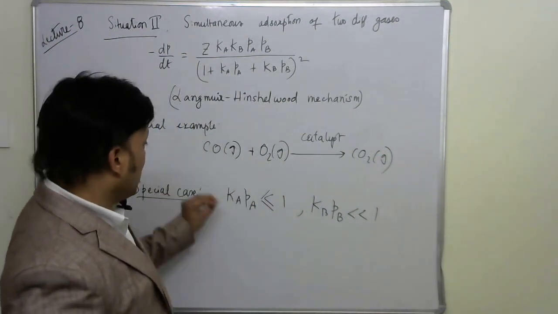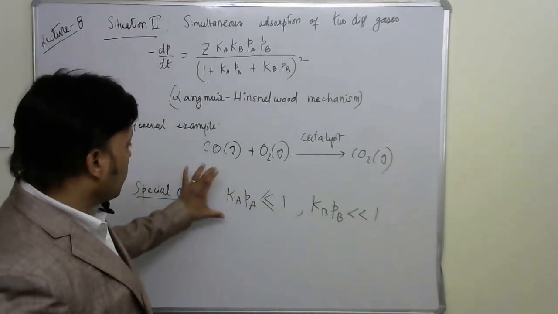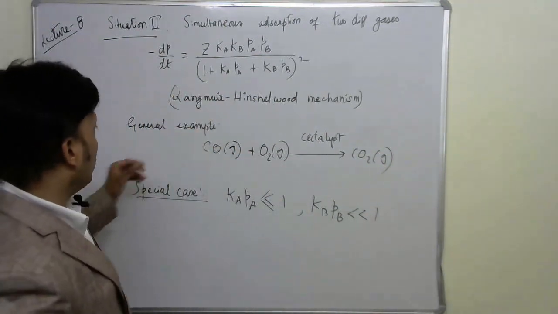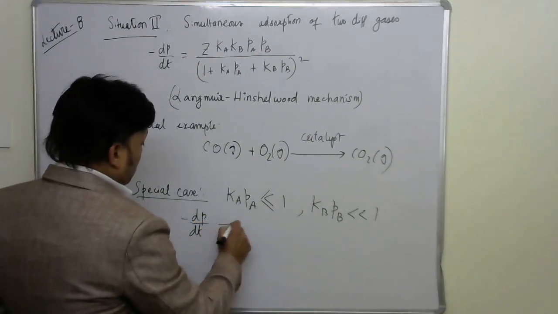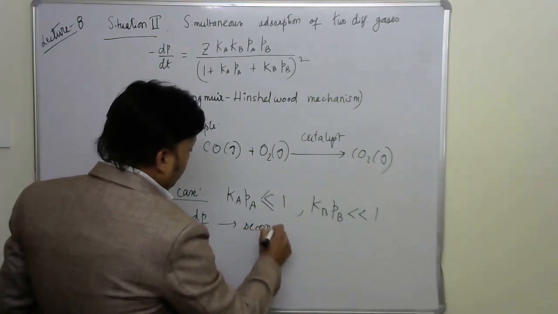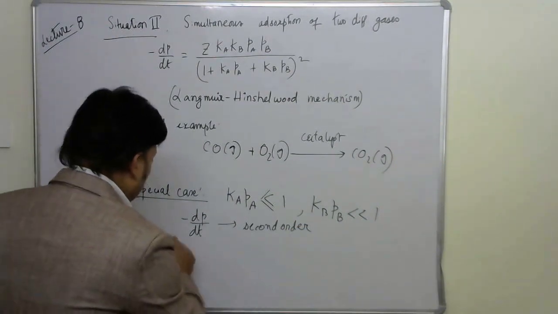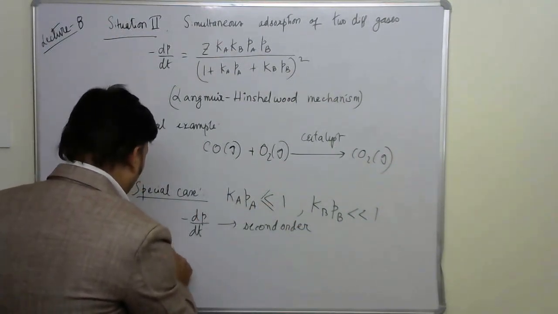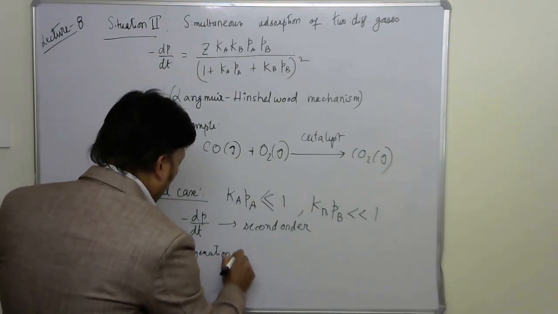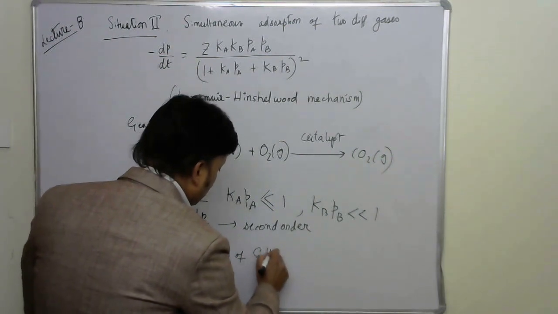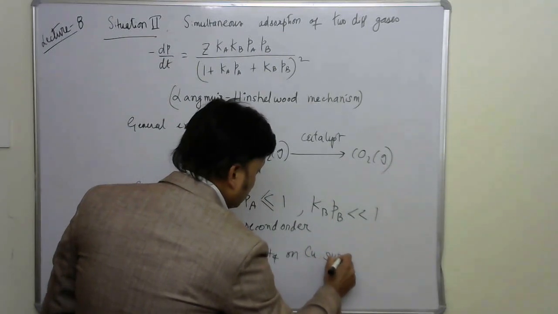That means it is possible at extremely low pressure of PA and PB, both these two terms become negligible with respect to 1, then the rate law, minus dp dt, will become second order, it will follow a second order rate law, or second order kinetics. An example of this special case is the hydrogenation of ethylene C2H4 on a solid copper surface.